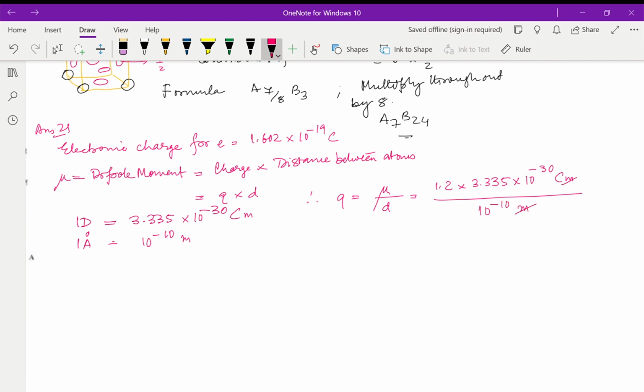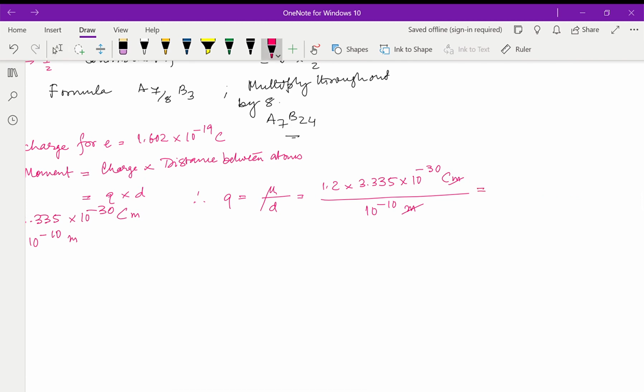The meter gets cancelled out here, and we will get this to be 4.002 into 10 to the power minus 20 coulombs.